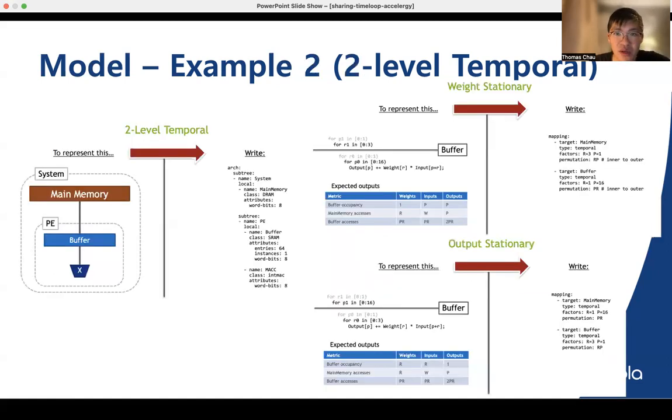Moving on to the second example. So we extend it to a two-level temporal example. This example adds one more node to the architecture tree, such that there's a system with main DRAM memory, and the PE is connected as a subtree, and this subtree is the same as the one described in the one-level example.